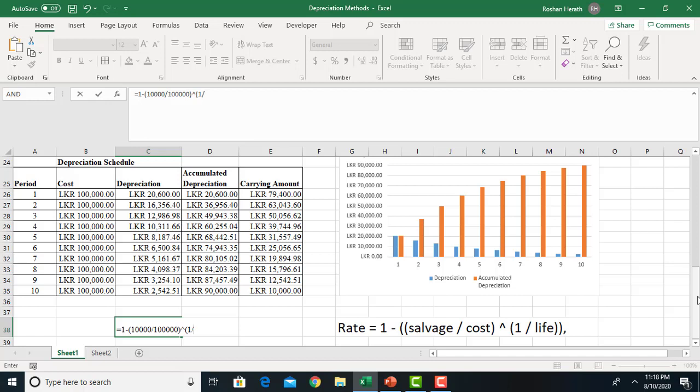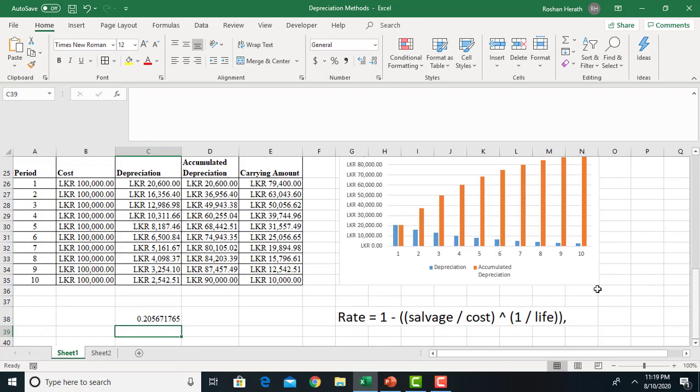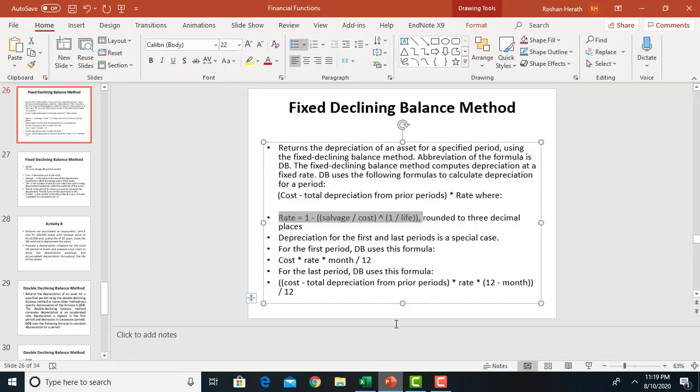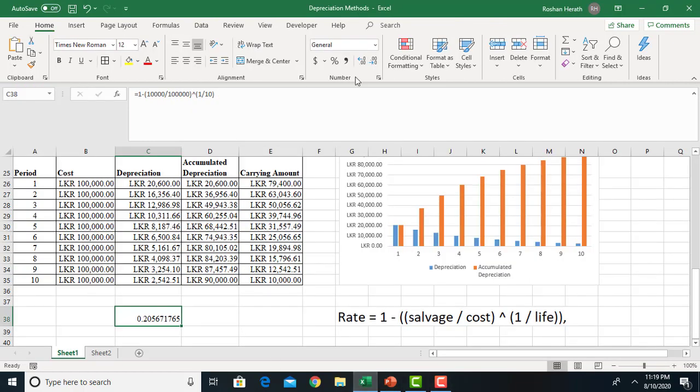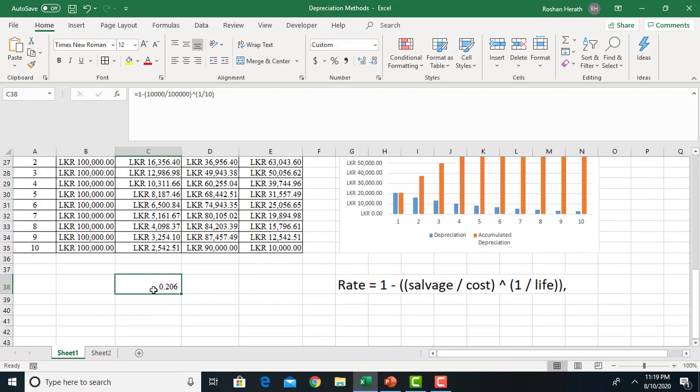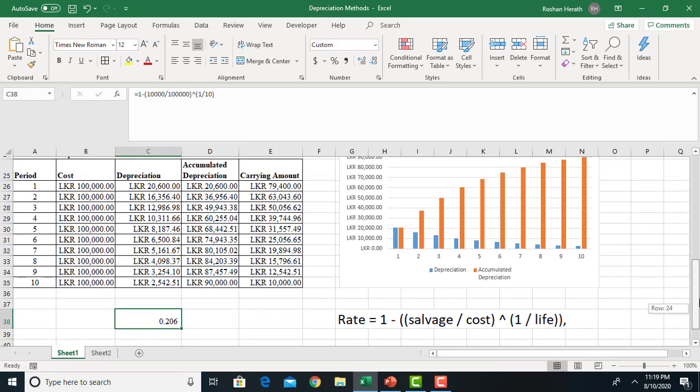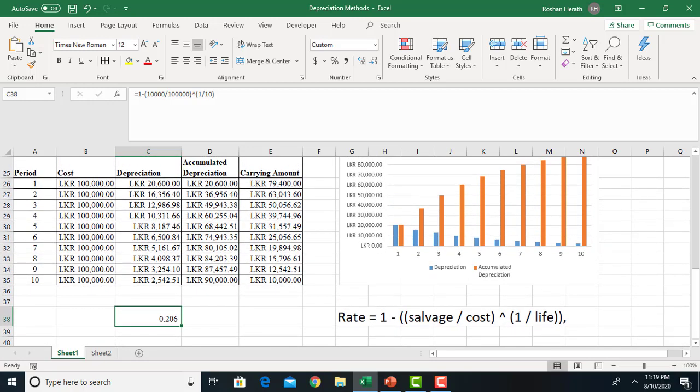It was found to be 10 years. So this was the case, right? It gives us the rate of 0.205, and further it was said that we need to round this to 3 decimal places. Now we may round it, right? Once you round it to 3 decimal places, you can see that it is 0.206. So accordingly, if you apply this and do the depreciation, you must get the same amount.